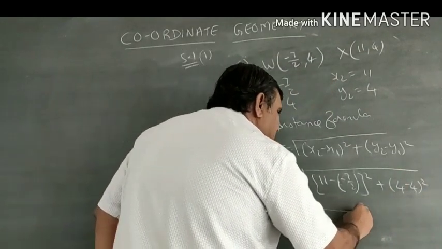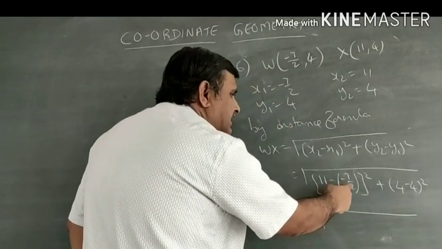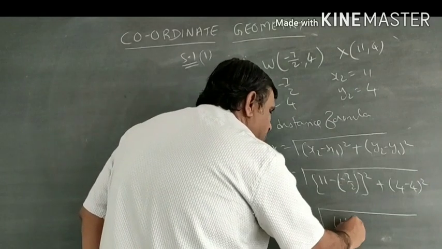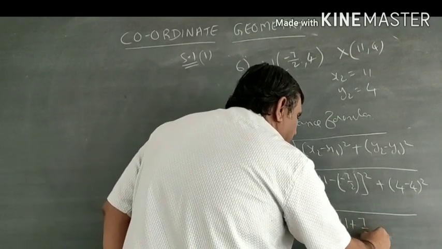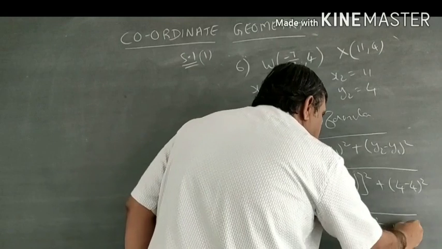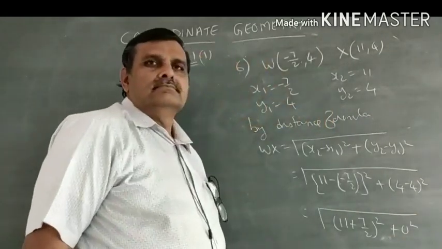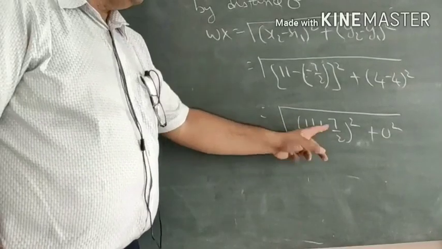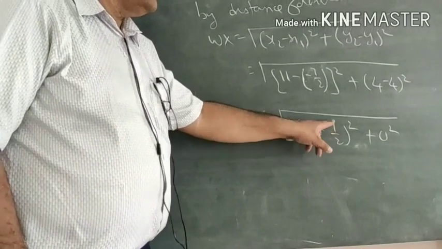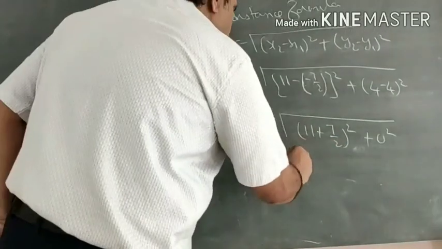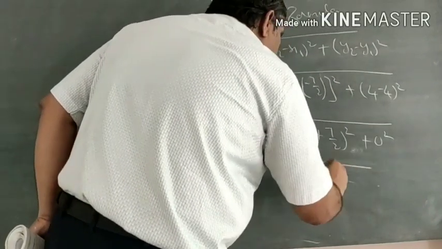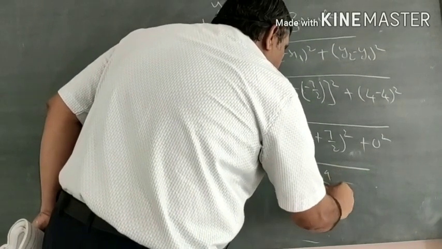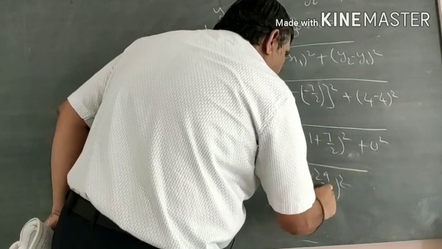Now what will happen? Next step, under root 11 minus minus, this will become 11 plus 7 upon 2 whole square. 4 minus 4 will become 0. Now what is 11 plus 7 upon 2? 11 2s are 22 plus 7, 29 upon 2. So here I shall write down directly 29 upon 2 whole square.